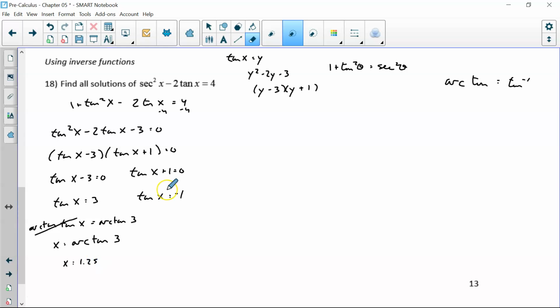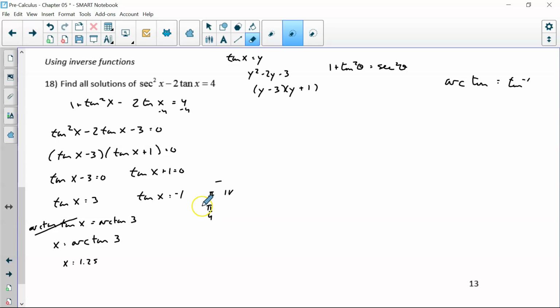And when tangent is negative 1. Remember, when tangent is negative, it's going to be negative in quadrant 2 and quadrant 4. When it's a 1, that's going to be our pi over 4s.